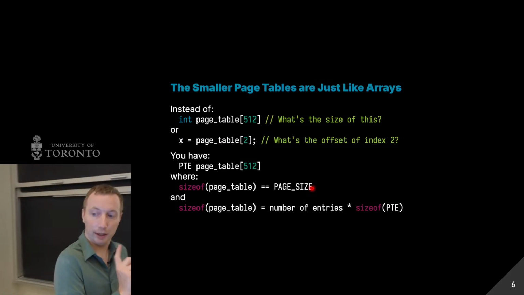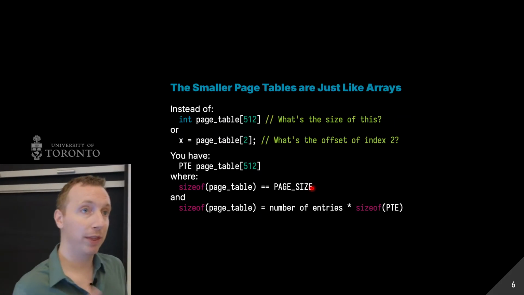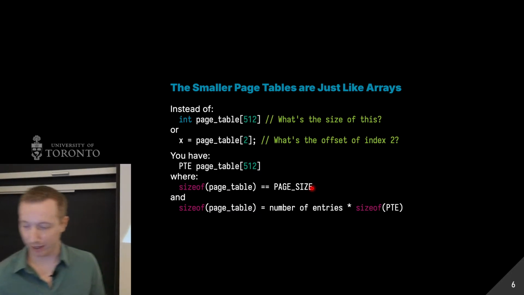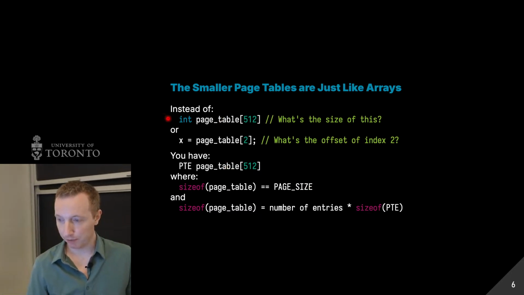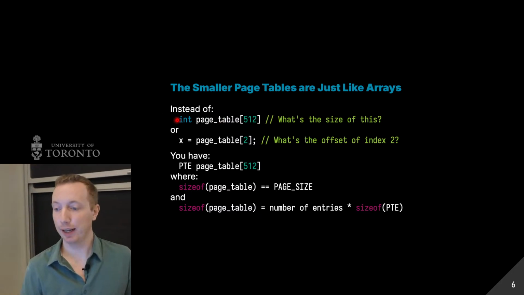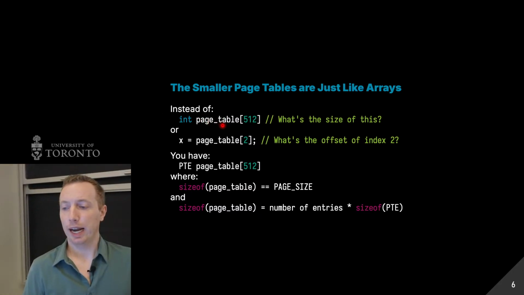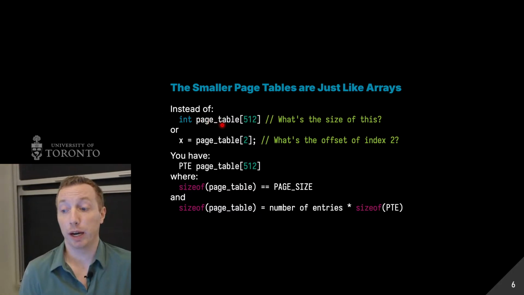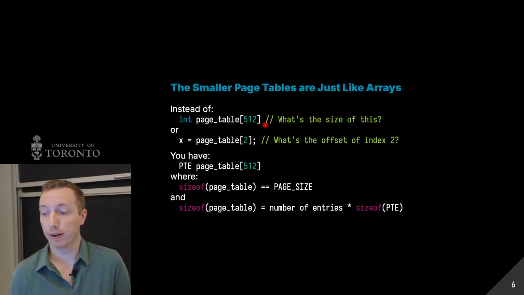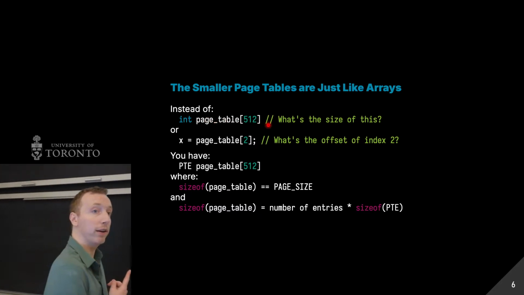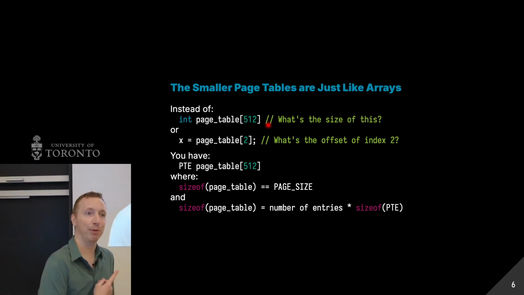So here are some other ways to think of them. Think of them just like an array. People get very confused about it, but if I had an array of 512 ints, what's the size of that in bytes? Anyone remember?